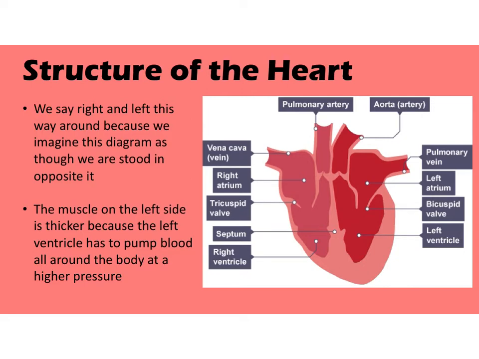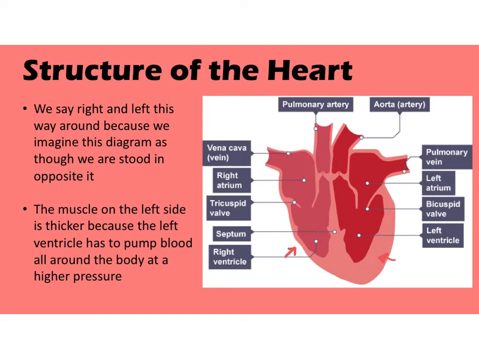The muscle on the left side is thicker, so that's this side here, because the left ventricle has to pump blood all around the body at a higher pressure, and the right side has a thinner muscle because that ventricle only has to pump blood to the lungs, which is much closer.